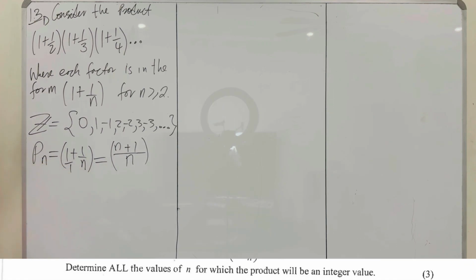If you start at 2, it will just be the first one. If your n is equal to 2, it will just be the first one.